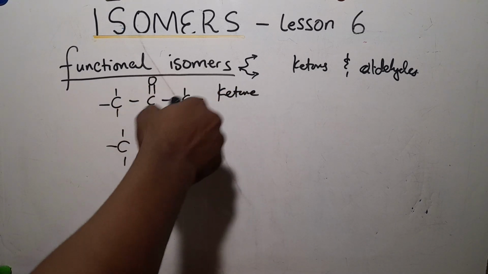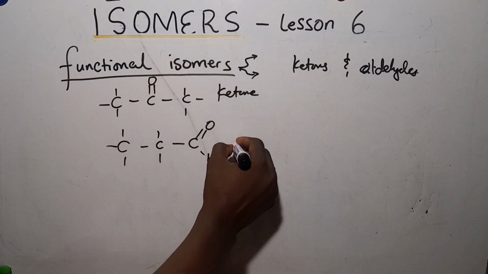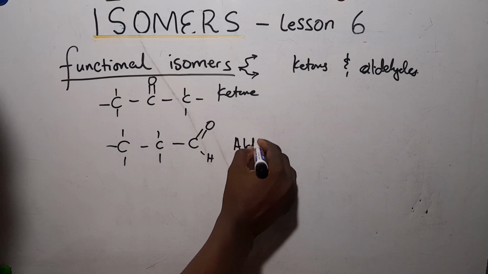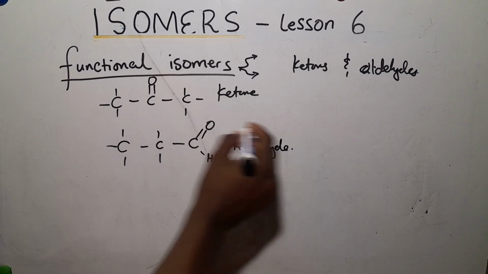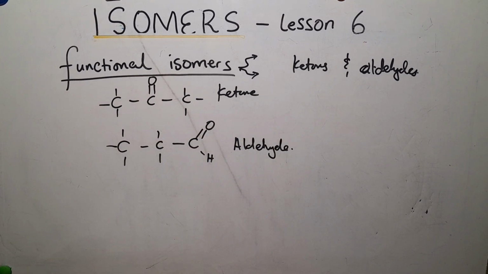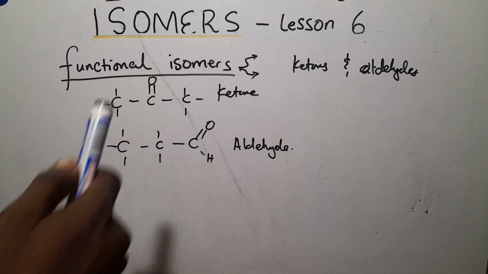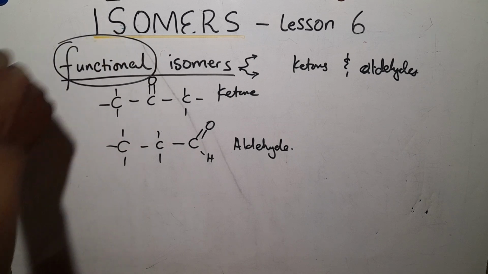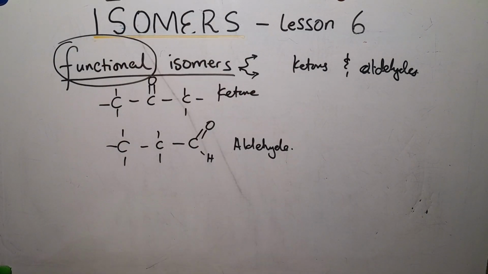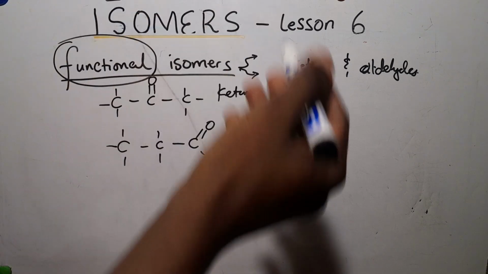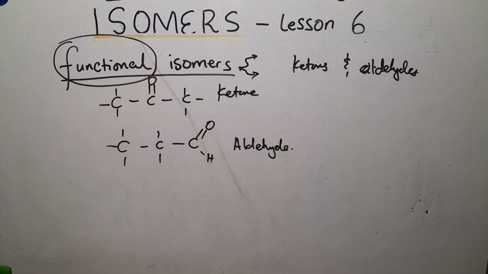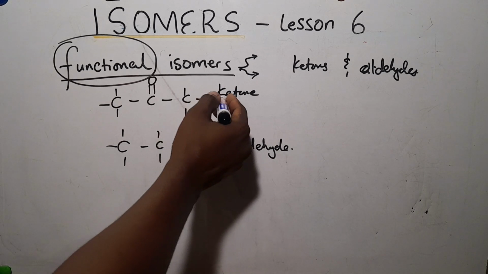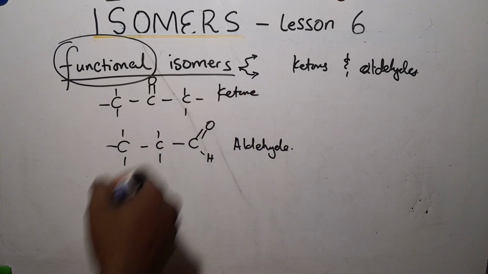But when it moves to the end of the chain, now it becomes an aldehyde. So that is the difference between the position isomer and the functional isomer. The functional isomer is when the functional group not really changes, but it becomes a different type of organic compound. So this can move from being a ketone to an aldehyde.